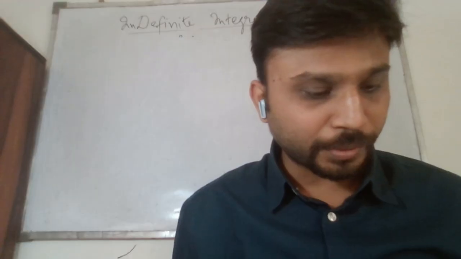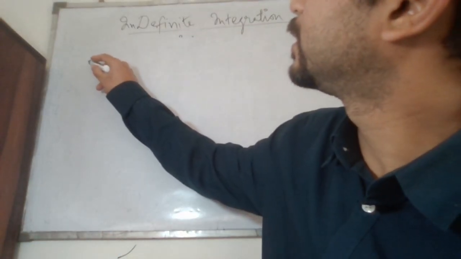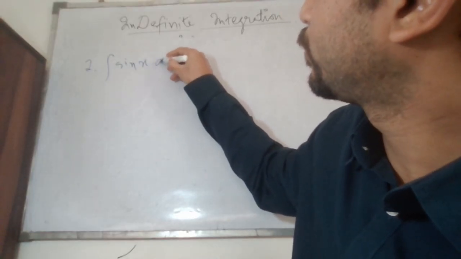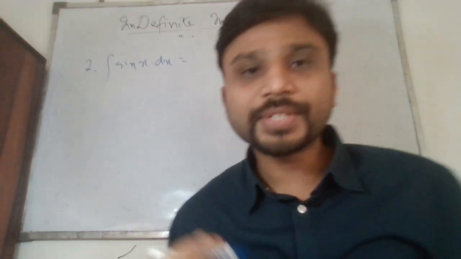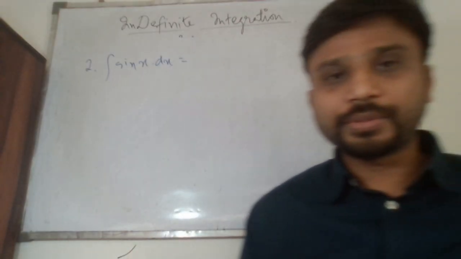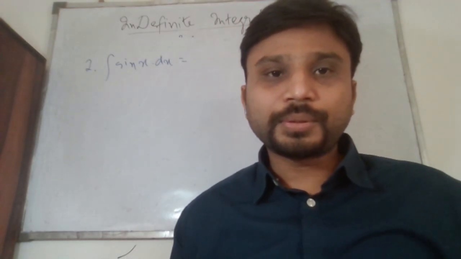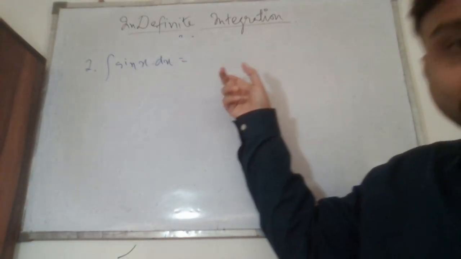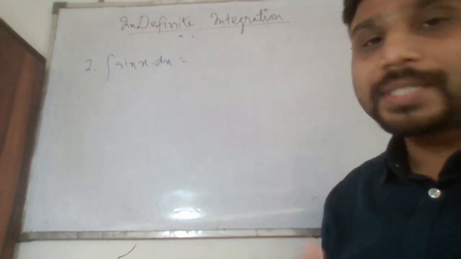Yes. So let's see which are the functions which we want to integrate today. So the next function which we want to integrate is sin x. Integration of sin x is all about imagination. What is integration? Integration means whatever value we are getting, its differentiation will be sin x.